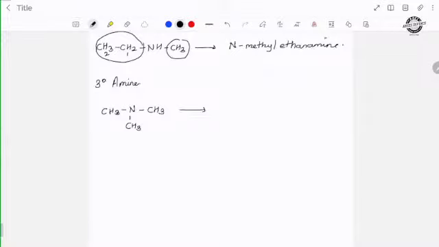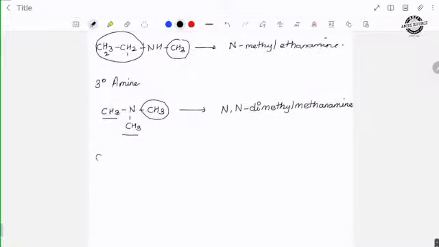You consider one as the parent chain and the other two will be my substituents. I consider this as my parent chain and the other two as my substituents. Now there are two substituents, so you have to write N comma N dimethylmethanamine. So that becomes N,N-dimethylmethanamine.